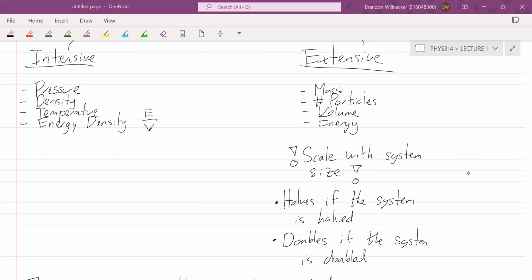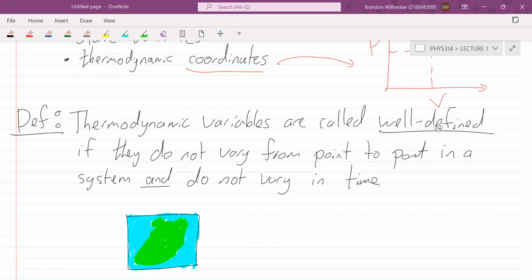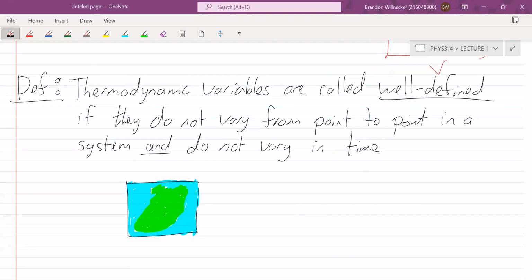Okay, for example, pressure. You might have the case where you've got a box of gas and the gas is moving around. Okay, so you can still talk about the pressure, but in that case, the pressure is different from place to place. So it's not well-defined. In other words, the system is not in equilibrium. Okay, but there's still pressure. It's just not uniform throughout the system. Okay, so we're going to get to that now.